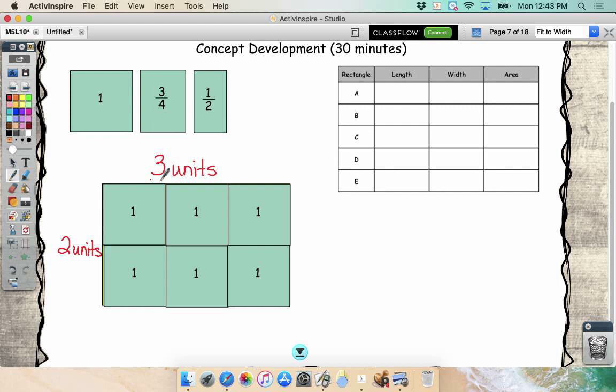The length is going to be on top, and the width will be on the side. So I've got 3 units, you can write this on your chart, times 2 units. And what's my total area? 6 square units. Right, square units.